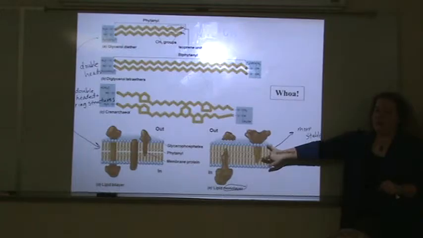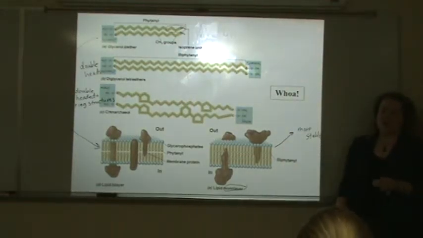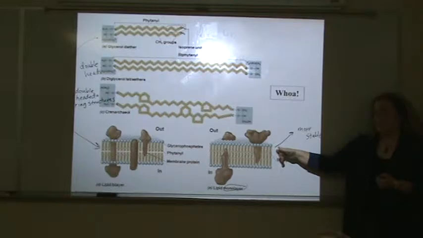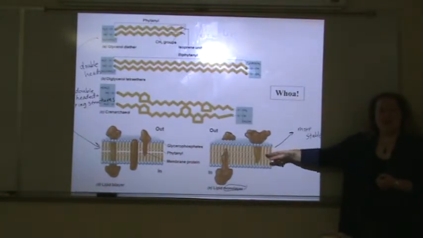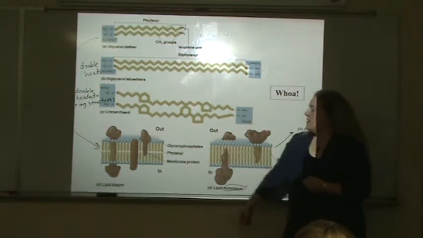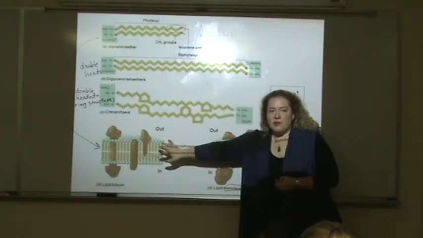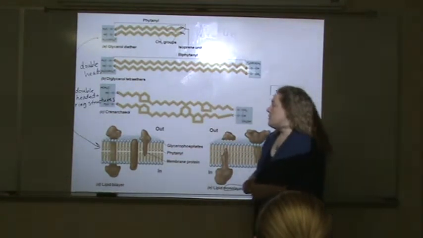Since it's all one piece, it's harder for it to come apart. That's important at high temperatures. So all of those archaea, you saw their name is thermo this and pyro that. One of the ways that they hold up to really high temperatures is that they have a crazy lipid monolayer in their membrane. So imagine heat thermally shaking this versus heat thermally shaking this. This is going to stay together better.